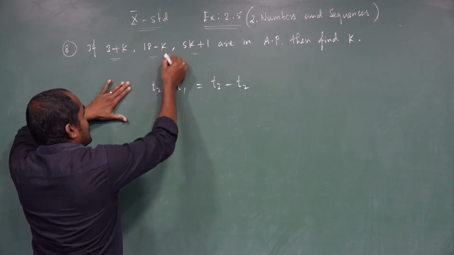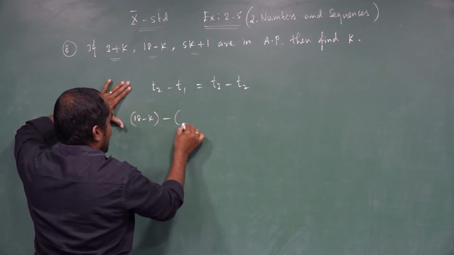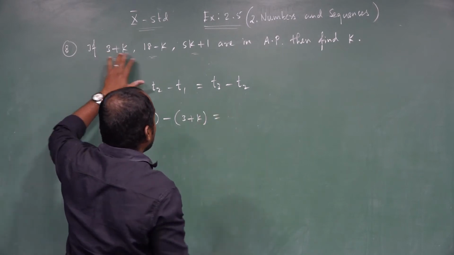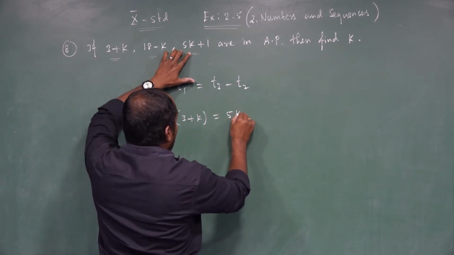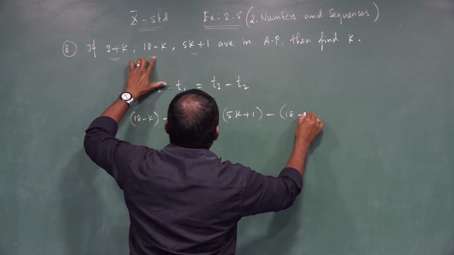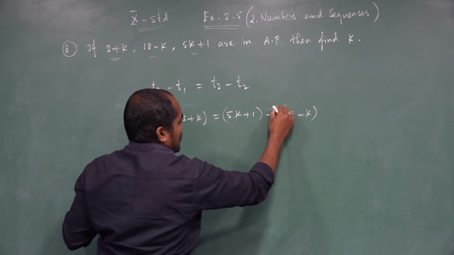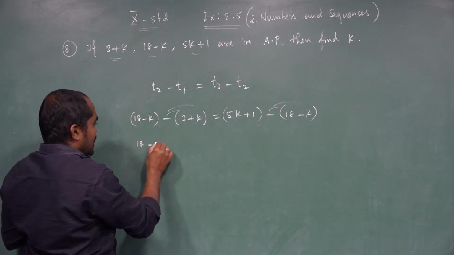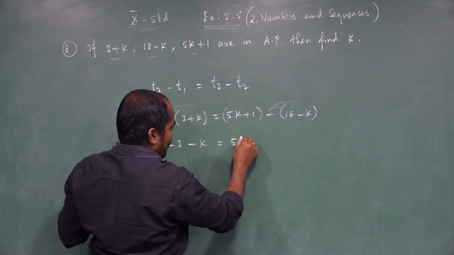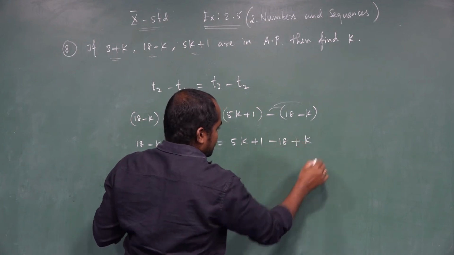So T2 is 18 minus k. So 18 minus k minus the first term, which is 3 plus k, equal to the third term, 5k plus 1, minus the second term, 18 minus k. So substitute the minus inside the bracket: 18 minus k minus 3 minus k equal to 5k plus 1 minus 18 plus k.